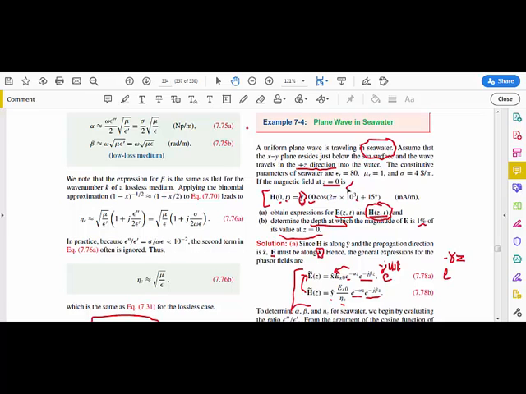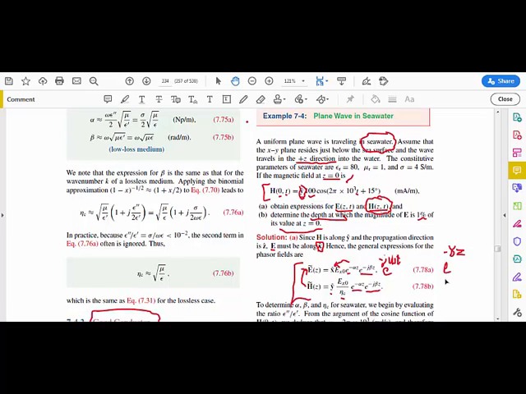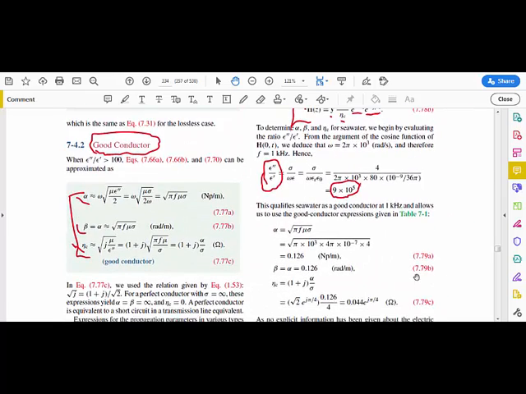So by using the good conductor expressions for alpha, beta and intrinsic impedance, alpha is equal to the square root of pi times f times permeability times conductivity. The permeability of any non-magnetic material is equal to the permeability of the vacuum.